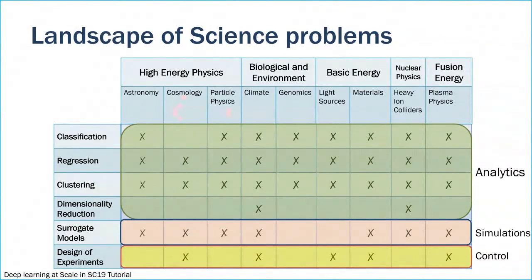But overall, as you see, AI or deep learning has still been implemented for analytic kinds of problems. Classification, regression, clustering, dimensional reduction, those kinds of questions are categorized as analytics. But surrogate models and design of experiments, such as simulation or control problems, are still yet to go.